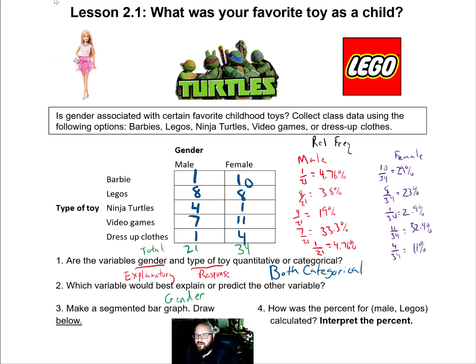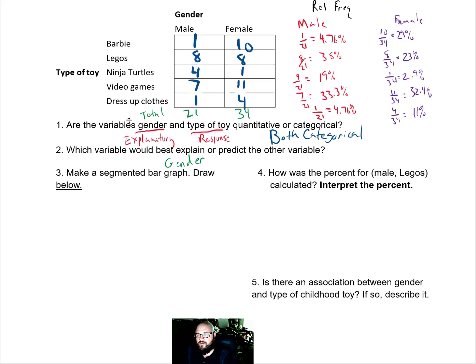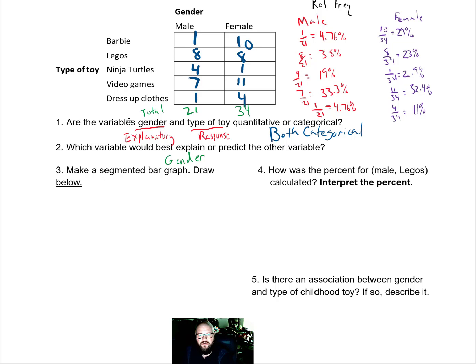So now we have the relative frequencies to be able to make our segmented bar graph. Okay. So scroll down a little bit there. And to do this, let's go ahead and make some colors here so we can get this all set up. We'll say Barbies are red. Legos, we'll put them in the green.